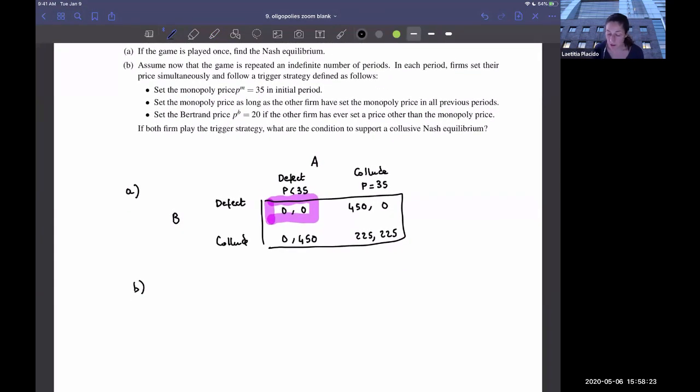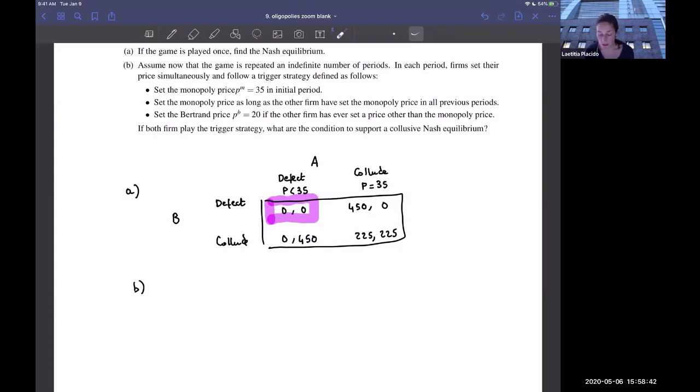Now you assume that the game is repeated an indefinite number of periods. In each period, firms set their price simultaneously and follow a trigger strategy defined as follows. So what is a trigger strategy?